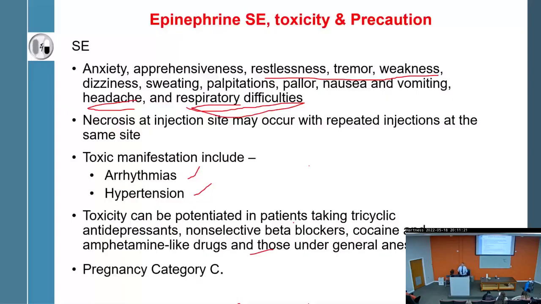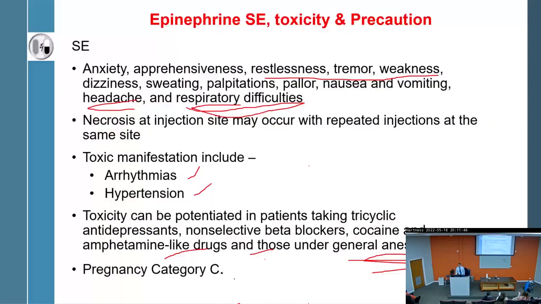Okay? A lot of cardiac effect, muscle effect, etc. Amphetamine, the same thing. Amphetamines actually increase the production of neurotransmitter. In people using anesthetics, there are also some side effects to consider, because there can be some potentiation of some effects.